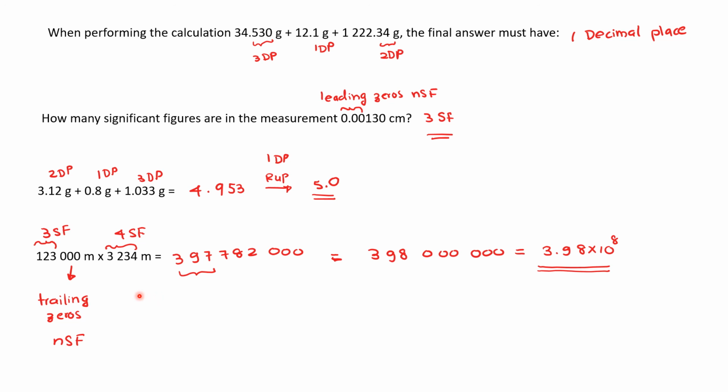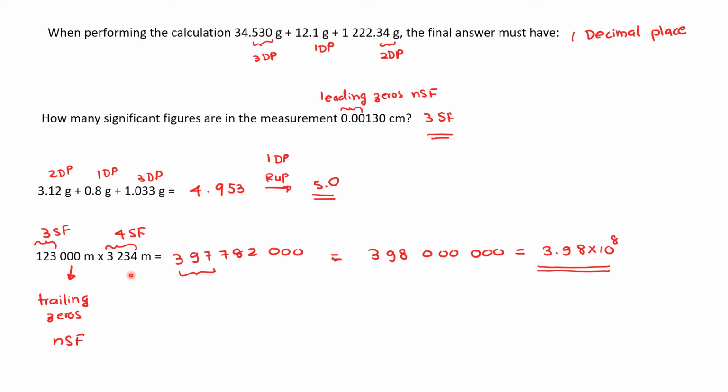So let's do a multiplication. In this number, you have trailing zeros. When you have trailing zeros and there's no decimal place, those are not significant. That means this number has only 3 significant figures. This number is all full integers.